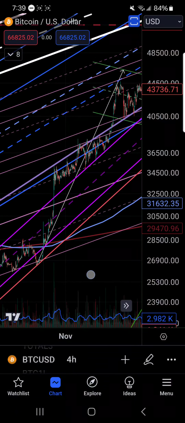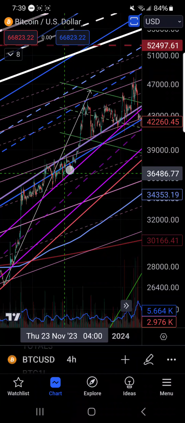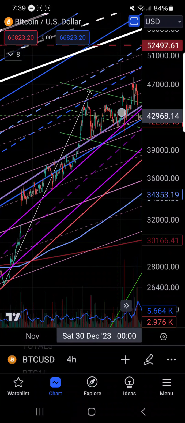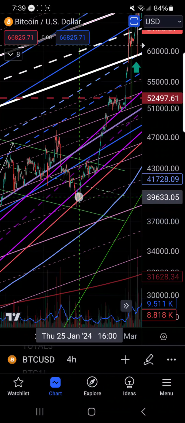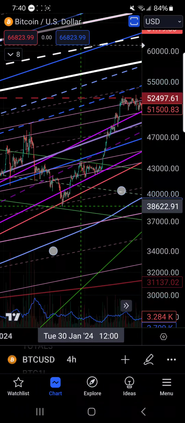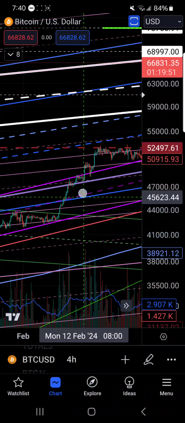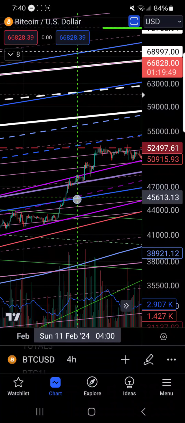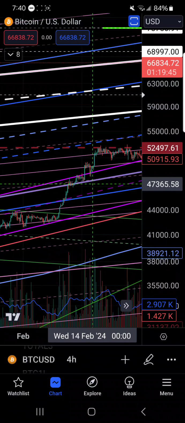And then you can see the lavender colored line up here acted as resistance, acted as support here. Then the red line acted as support here. You can see if we zoom in that we were below this lavender line right here, and then when we broke out we tested it as support.